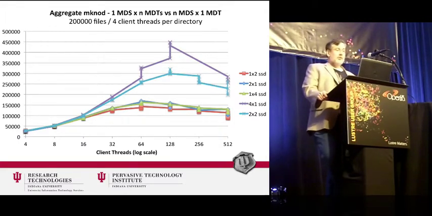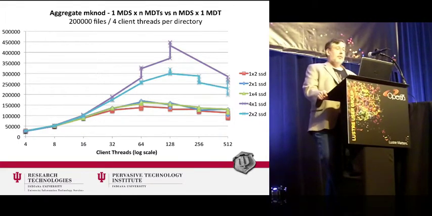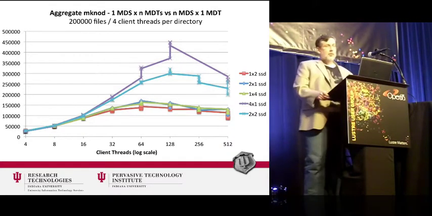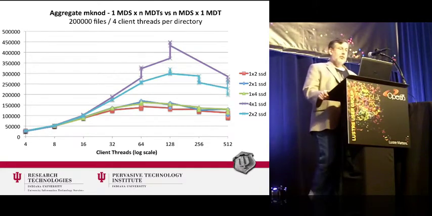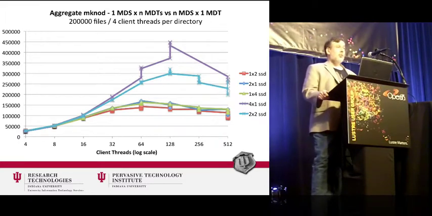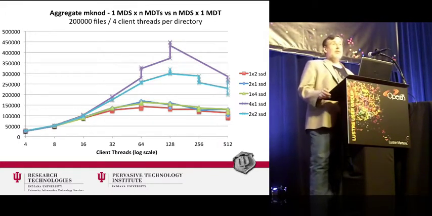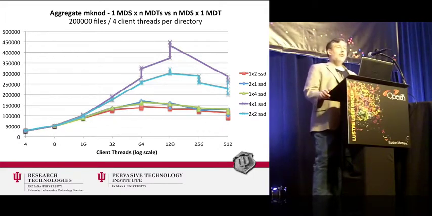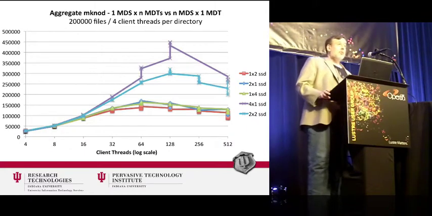What I take from this is that if you have 2 MDSs, each with 1 SSD, you can get the same performance with 1 MDS and 2 SSDs. So if you're planning in advance, it's probably easier to say, well, we're a broke institution, we could have a single MDS with 2 MDTs, 2 SSDs, and get the same performance, plus or minus error.